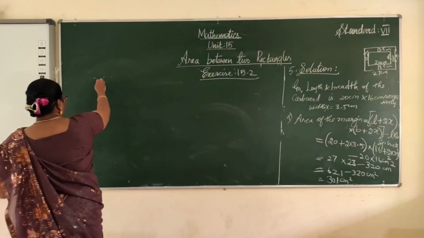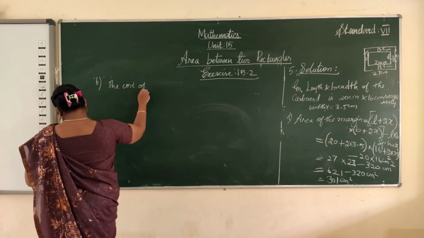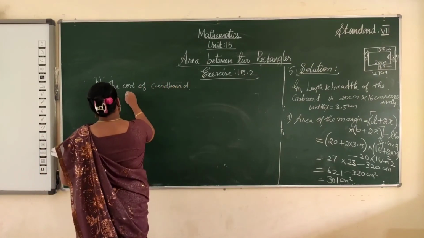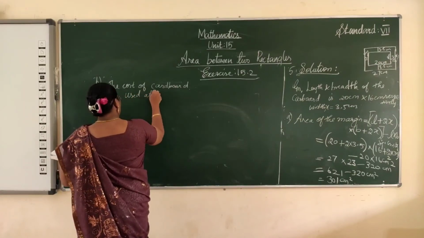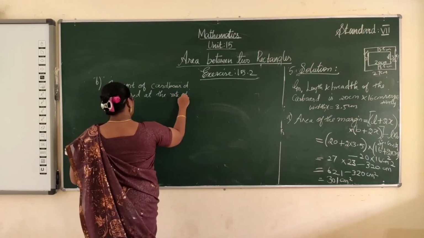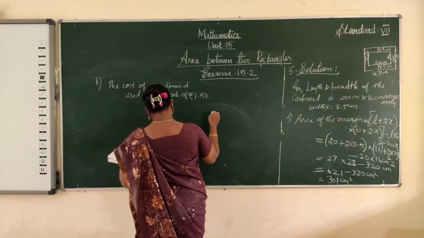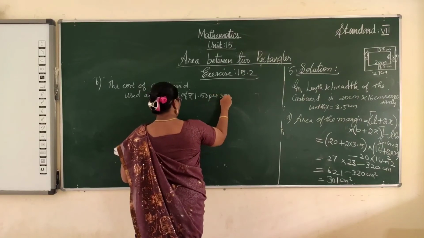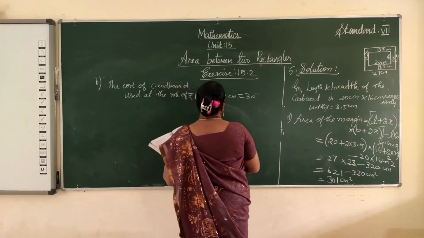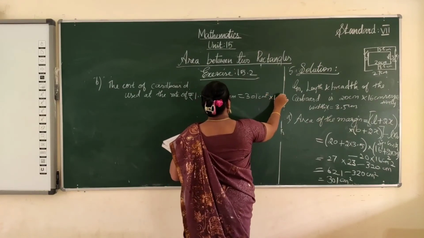So now B option, we have to calculate the cost of the cardboard used at the rate of rupees 1.50 per square centimeter, is equal to 301 centimeter square into 1.50 paise.